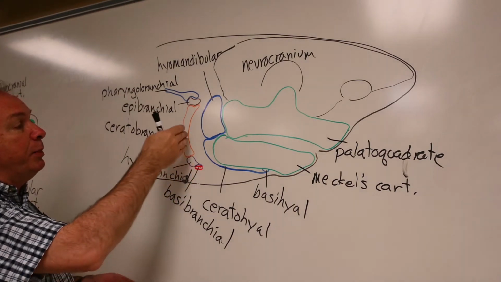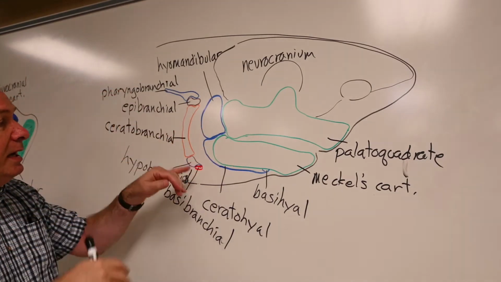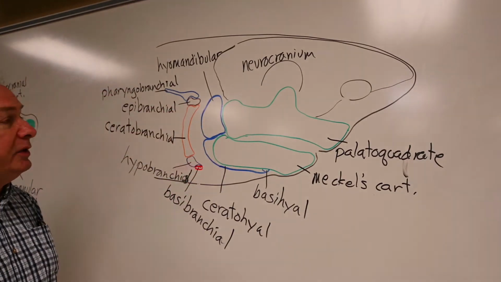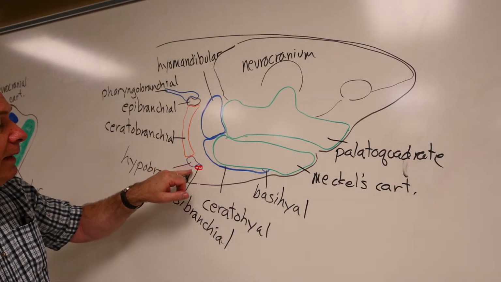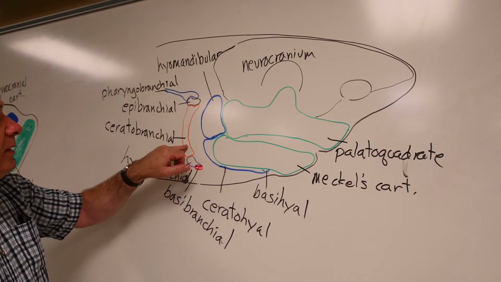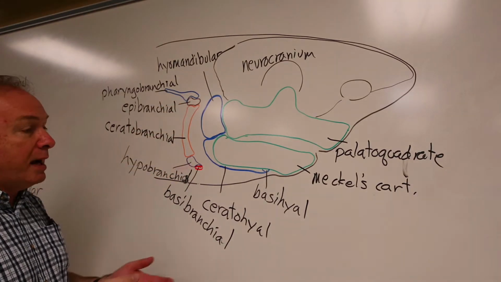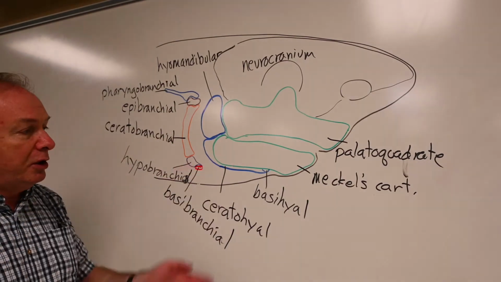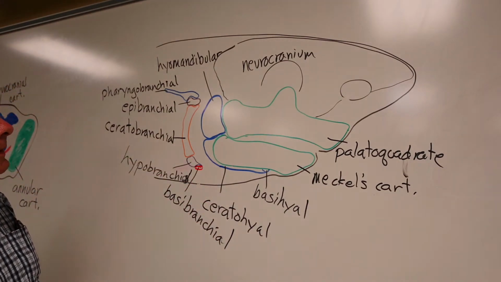So this arch-like component that starts in the middle and goes around to each side, supporting the gills on the left and right side, starts with a basibranchial in the middle and in the front, and then hypobranchial, ceratobranchial, epibranchial, and pharyngobranchial as you go around that arch, the gill arch structure from base to top in there.